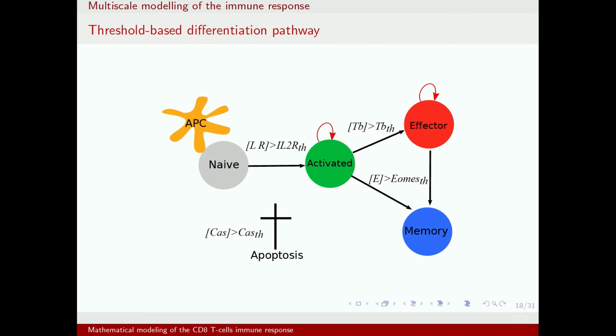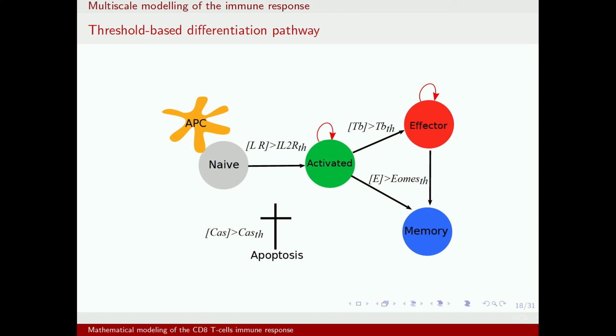And finally, to finish the presentation of the model, this is the kind of differentiation scheme we use in this model, which is based on thresholds. There is a system of thresholds. For example, LR here is the concentration for the activated form of the receptor for the protein IL-2. And we say that if this concentration crosses a fixed threshold, then the cell becomes activated and starts to proliferate.